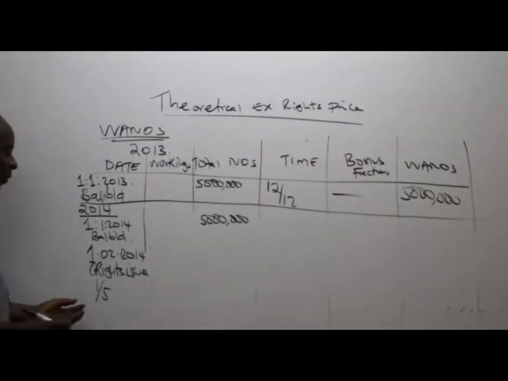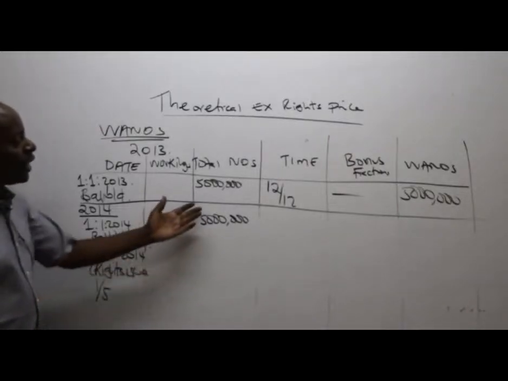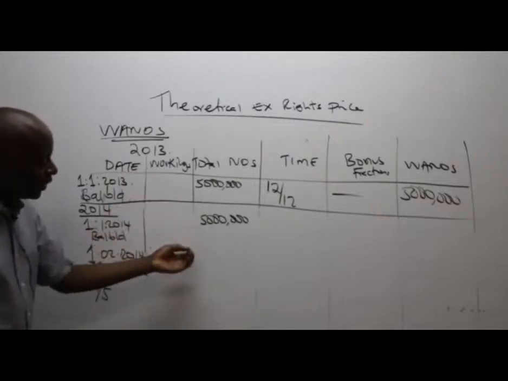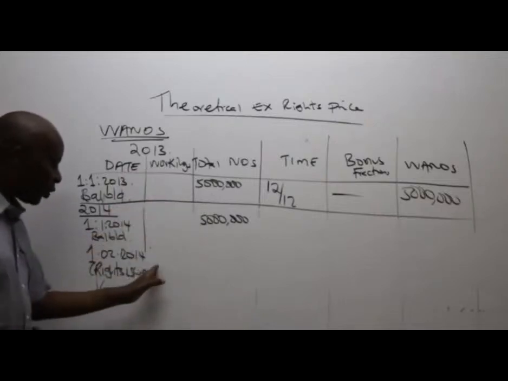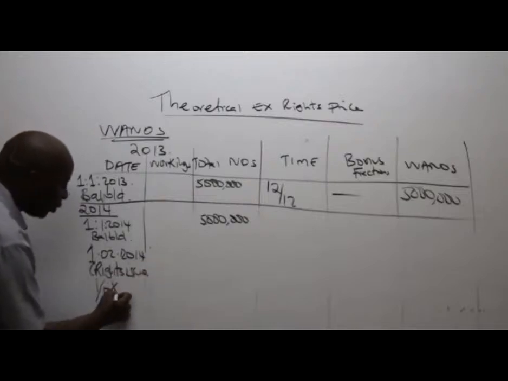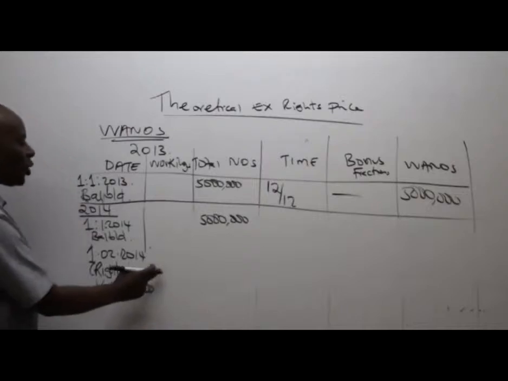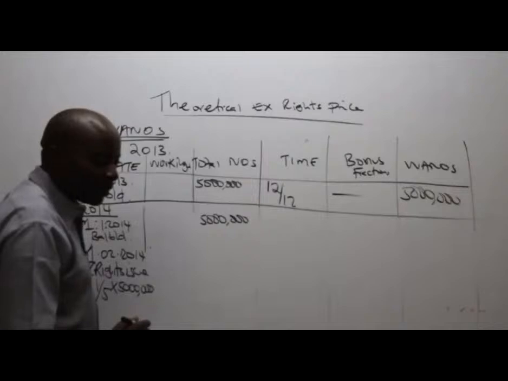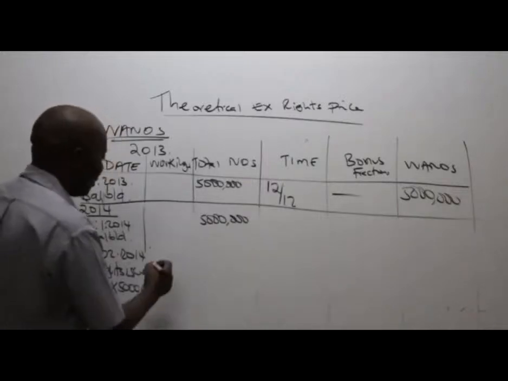So then what will happen? We shall take 1/5 of the number of shares we had outstanding. If you wish, you can use this column for workings, but if I'm the one doing this, I'll talk of 1/5 of 5 million, which gives me how many shares here, somebody? 6 million shares?